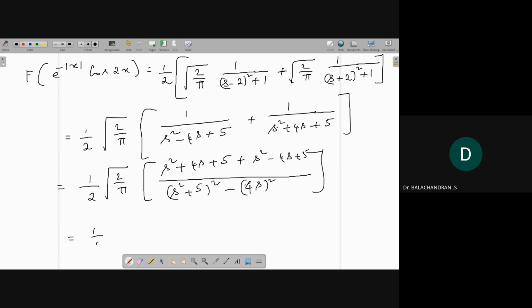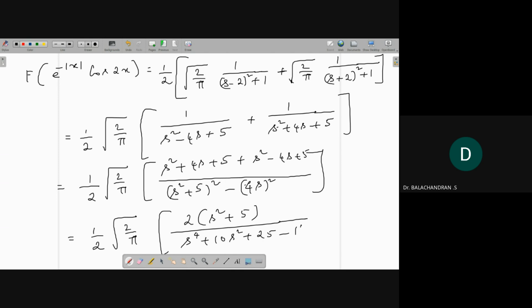Then remaining we have 1 by 2 root 2 by pi. In the numerator you have 2 times s square plus 5. In the denominator you have s power 4 plus 10 s square plus 25 minus 16 s square. You can cancel this 2 and 2.